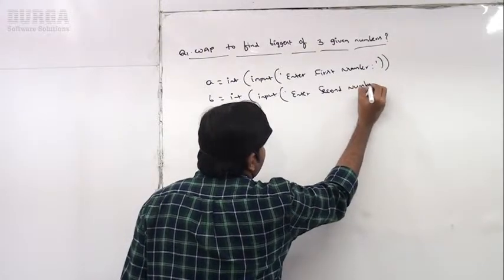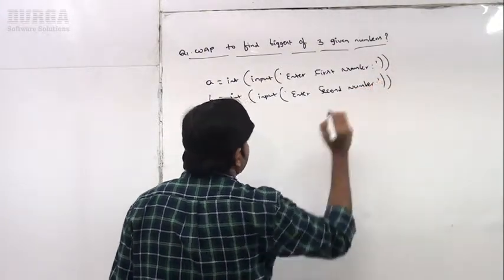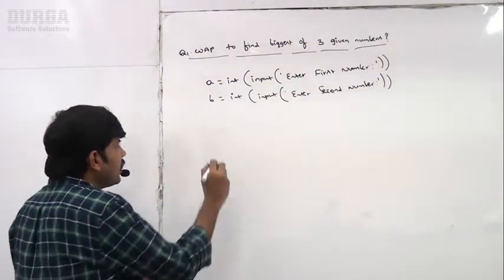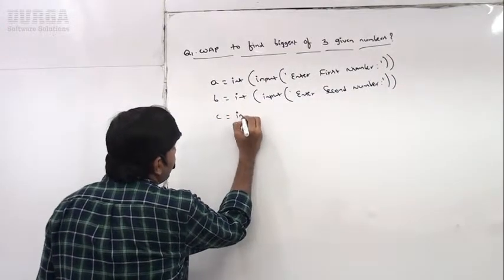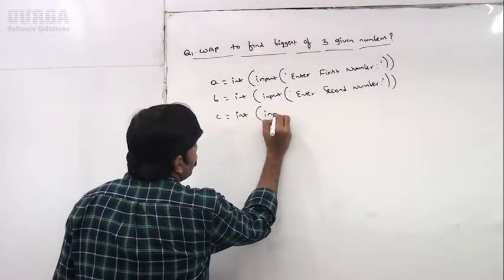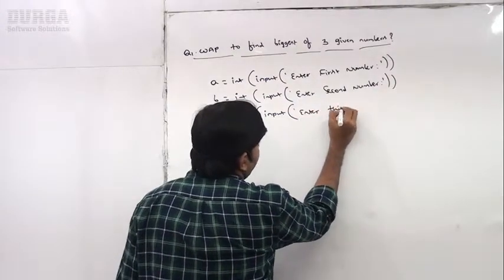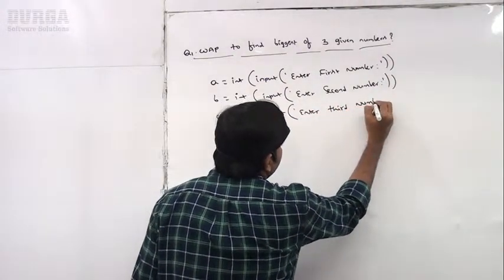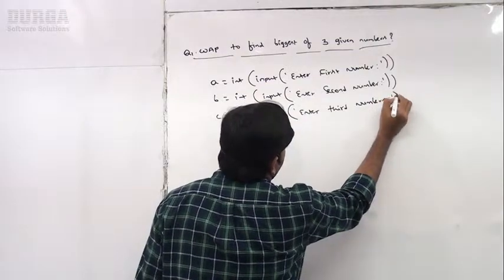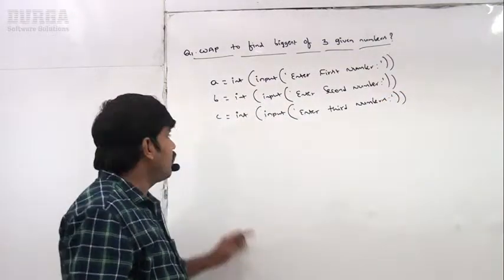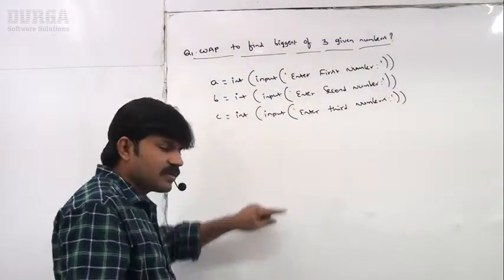Now the same for the third, c is equal to int of input of "enter third number". Now 3 numbers we are happily reading from the keyboard. Now in my hand 3 int values are there, sir.